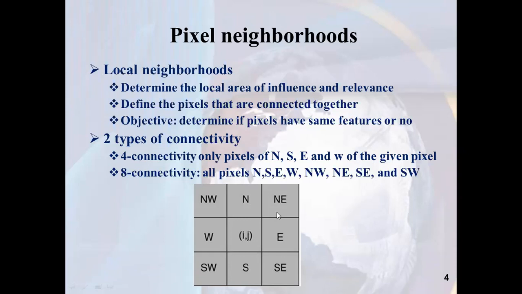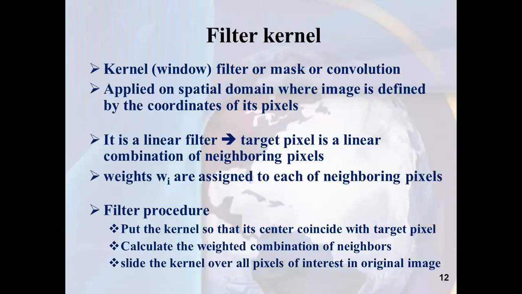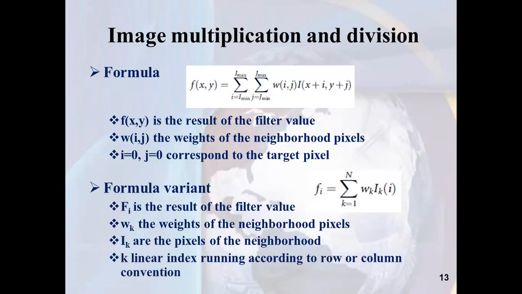So instead of an index along the i axis and j axis, all along rows and columns like a matrix, we can take only one index, which is k, and one weight, w_k, rather than w_ij. This is just the formula to simplify the formulation of the filter.